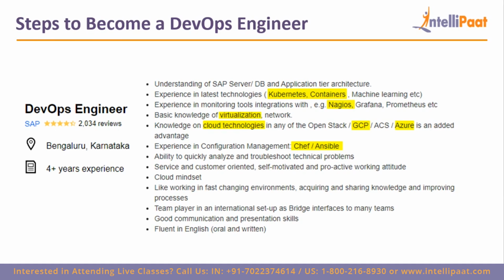And then basic knowledge of virtualization, that is creating virtual machines on cloud-based systems and also network. So they're asking us to know cloud technologies like OpenStack, GCP, Azure also. And then configuration management tools or automation tools, which are Chef and Ansible. These are asked by SAP, and these are some common tools which you will have to learn if you want to become a DevOps engineer.